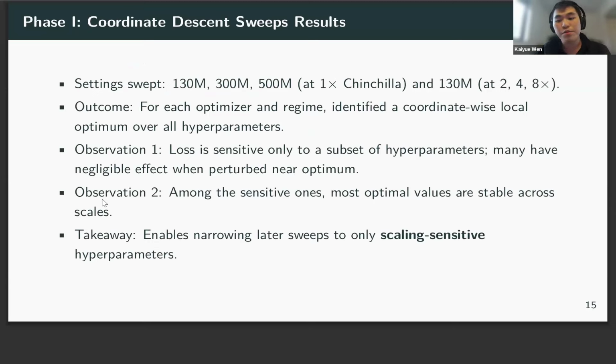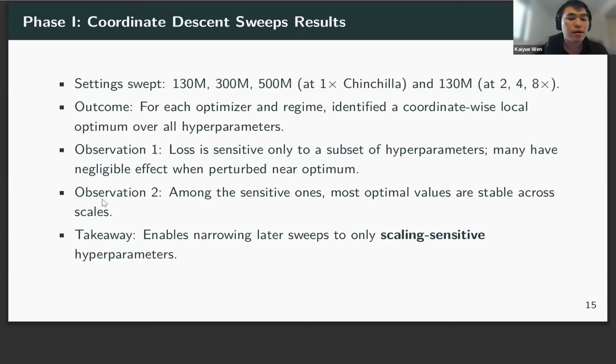Most of the hyperparameters have very little effect when perturbed near the optimum. And further, among the sensitive ones, many have constant values across the model scales and data to model ratios we study. So it's roughly safe to choose them to be constant for extrapolation.